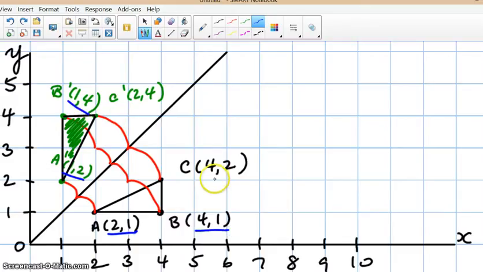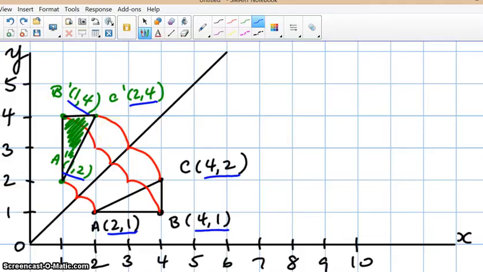And then finally look at what's happening between C and C prime. If you notice, and this only happens when the line of symmetry is diagonal and it cuts through the origin at (0, 0), the x and y coordinates are actually reversed. So knowing this shortcut actually saves you from counting up the diagonals and the spaces from the line of symmetry on either side.